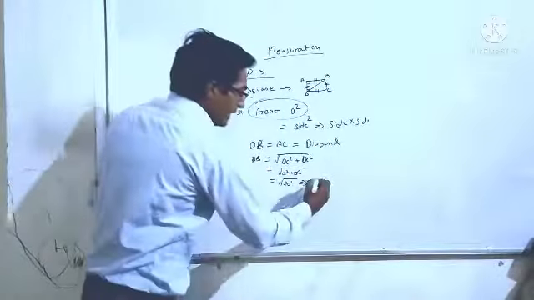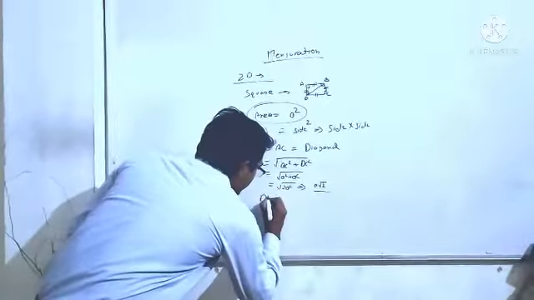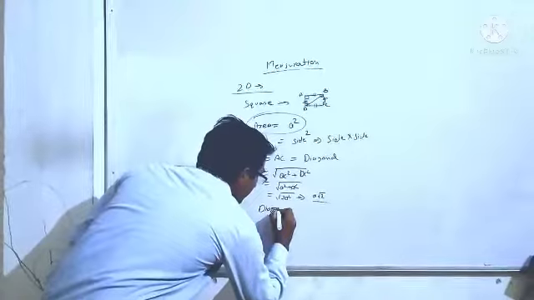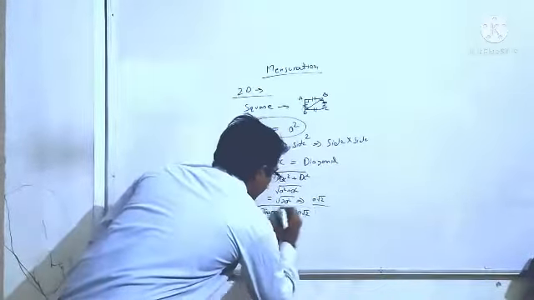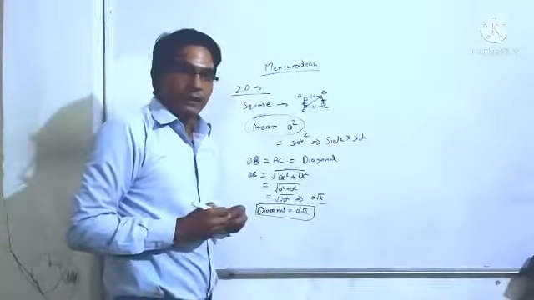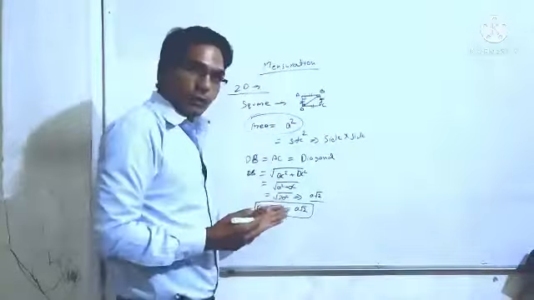So we can see that the diagonal is A root 2. This is our square formula.